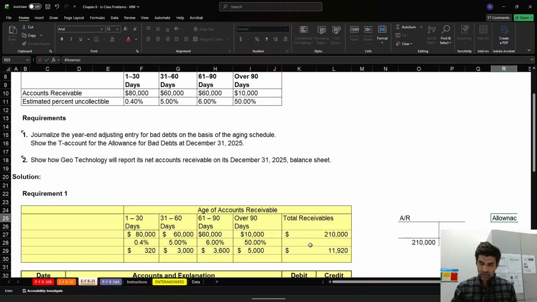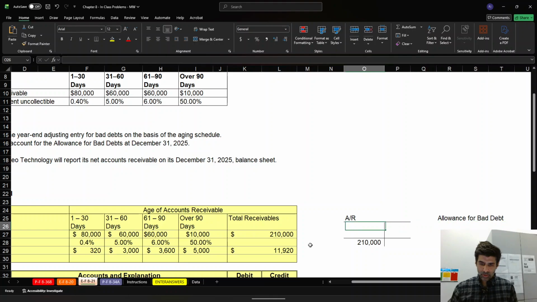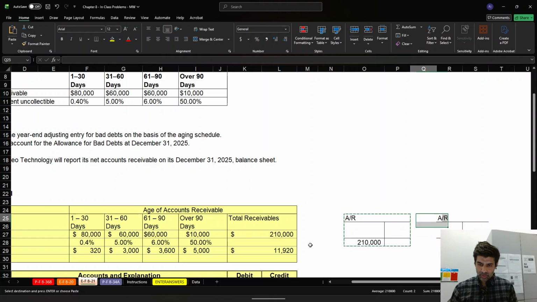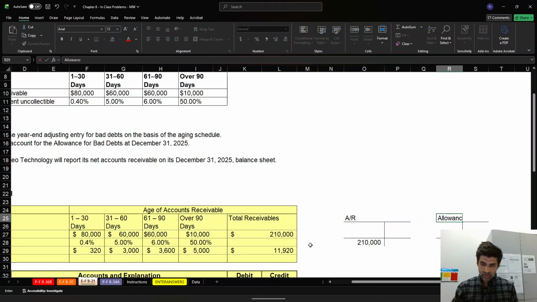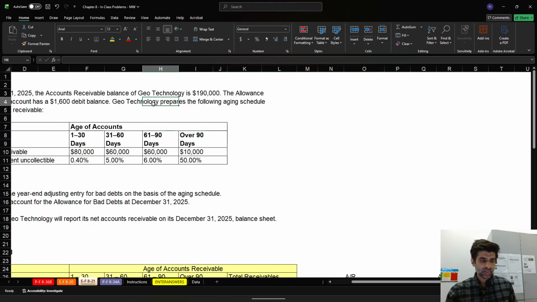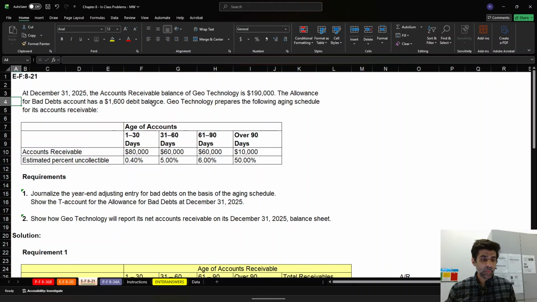Actually, let's just do this. Again, it told us that we have an existing balance here, and it's a debit balance. So this is a key detail.